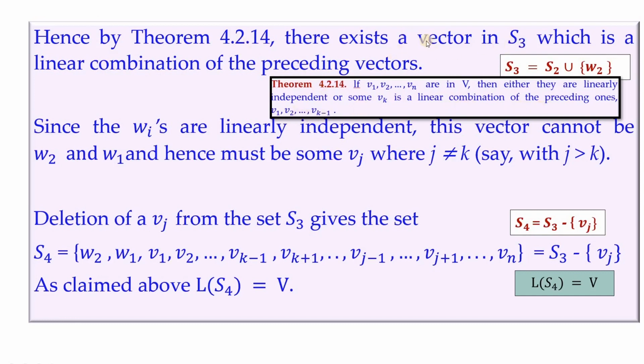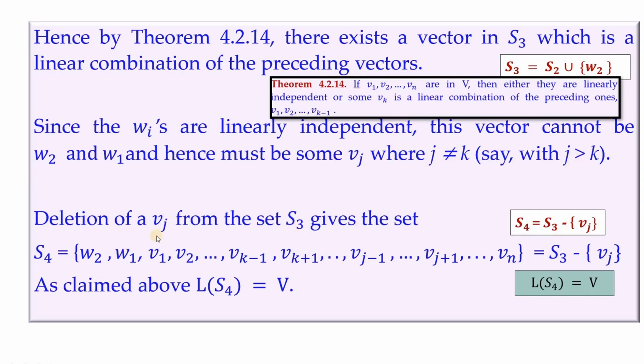So there exists a vector in S3 which is a linear combination of the preceding vectors. Since the Wi's are linearly independent, this vector cannot be W2 and W1, and hence must be some Vj where j is not equal to k, with j greater than k.